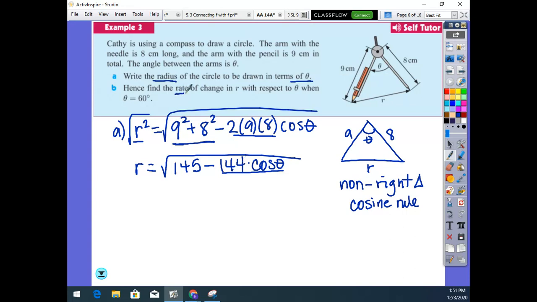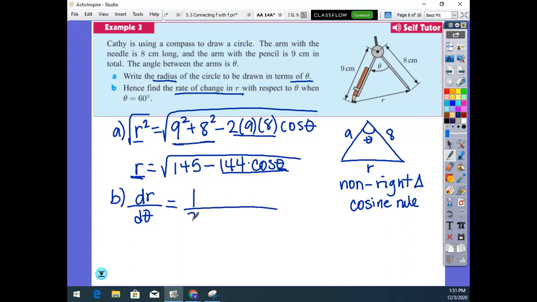Then it says find the rate of change. That's take the derivative. That's dr d theta, the derivative of r with respect to theta. Okay, so when I take the derivative of this side, this is a square root.